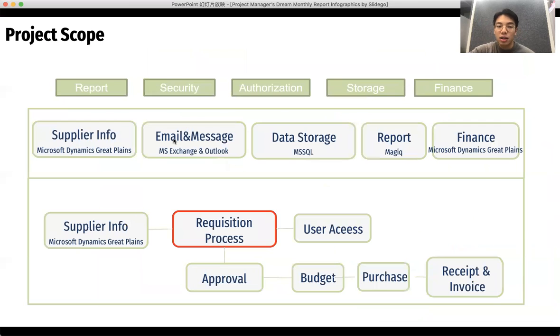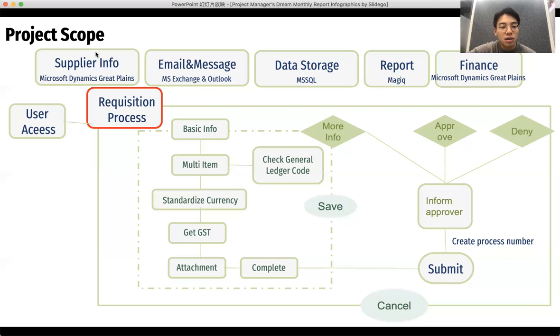This is the second stage of the project scope. The supplier information would first be stored in the Microsoft Dynamics GP. And when people are checking the general ledger here, actually they are getting that data from the data storage, and that data is actually from the supplier information.